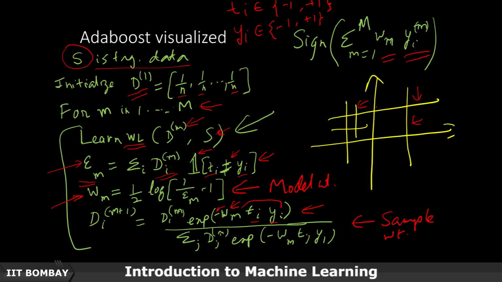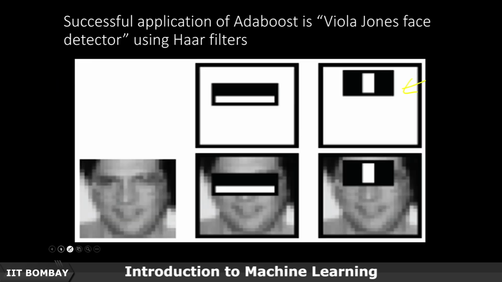AdaBoost has been quite successfully used in detecting faces before deep learning came into wide use, in something called the Viola-Jones face detector using Haar filters. Haar filters are basically how we detect features from images using very fast filters. We take these positive and negative bars and convolve them with the images to find whether we have horizontal bars or vertical lines and so forth.